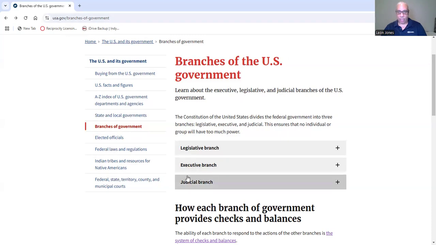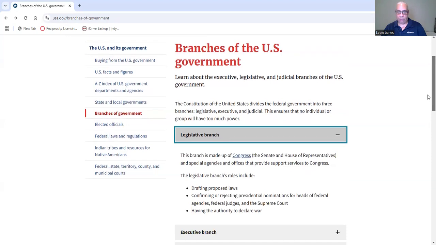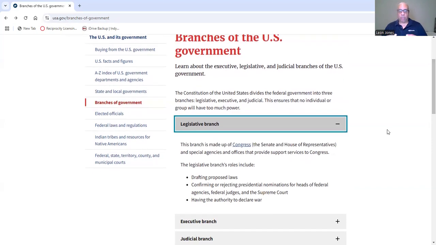Now, let's talk about the legislative branch. The legislative branch is made up of Congress, which incorporates the Senate and the House of Representatives. We're dealing right now with the US federal government, but the same thing applies to the local government, as I mentioned.